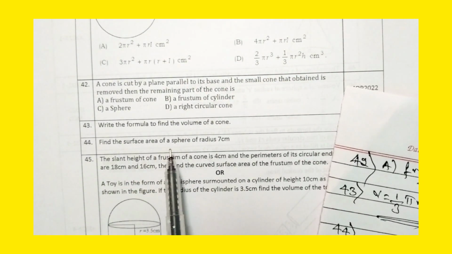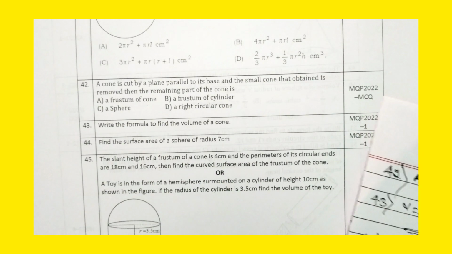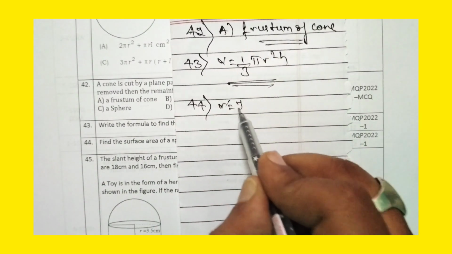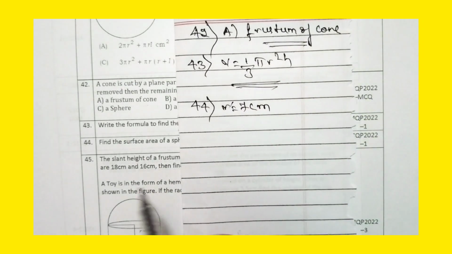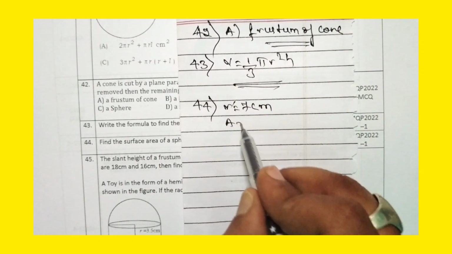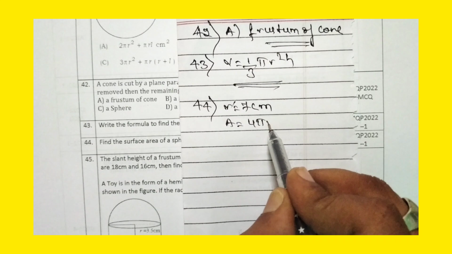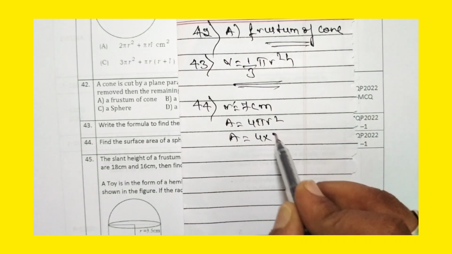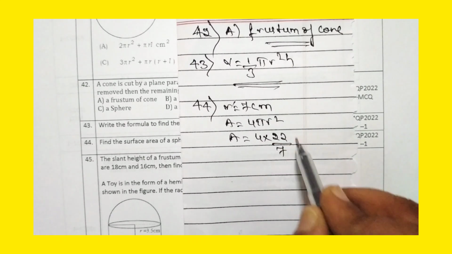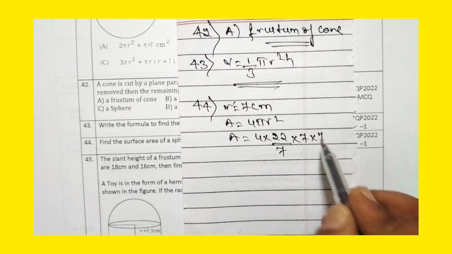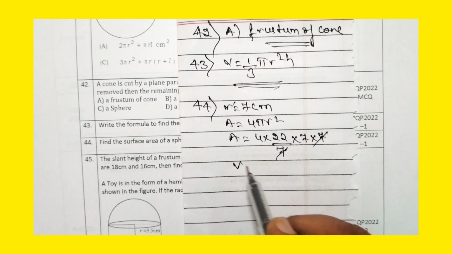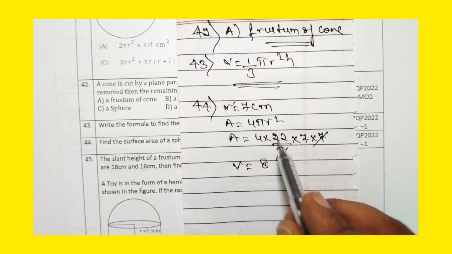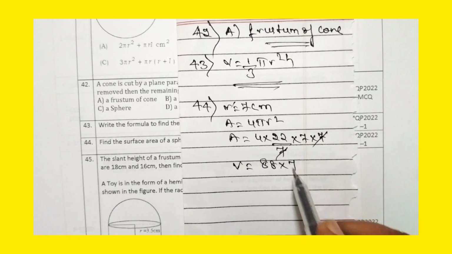Now let us move to the 44th question. Find the surface area of a sphere of radius 7 centimeter. So radius is equal to 7 centimeter, and we have to calculate the surface area. Surface area is equal to 4 pi r square, so it is 4 into 22 by 7 into 7 into 7. 7 cancels, so it is 44 into 22 into 4 becomes 88 into 7.